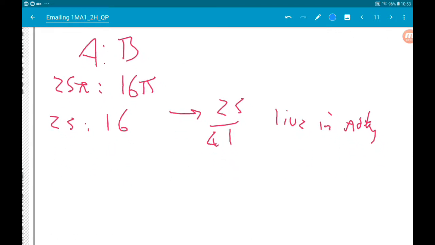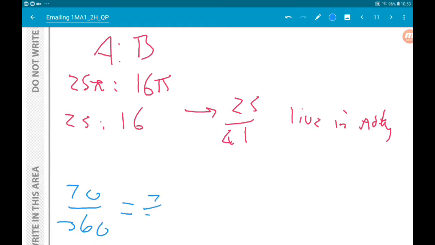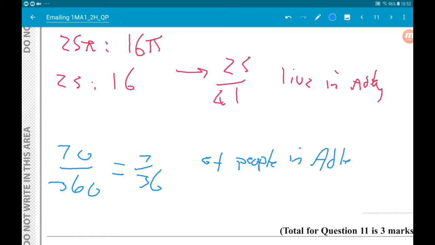So we can say 70 over 360, which has a common factor of 10, so that's the same as 7 over 36. Of the people in Adley are aged 0 to 19.